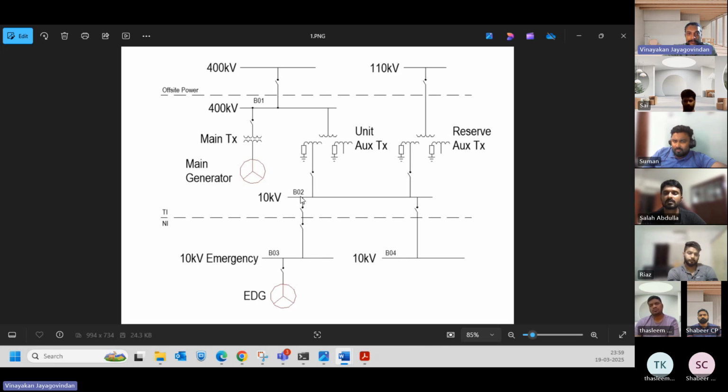So we are using the normal power supply, which is from the offsite, for these non-safety related drives, because the emergency DG is considered for emergency power supply in case of failure of this offsite power supply or this main generator power supply.